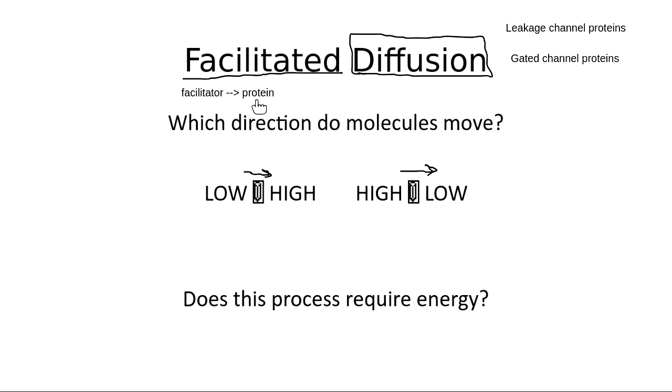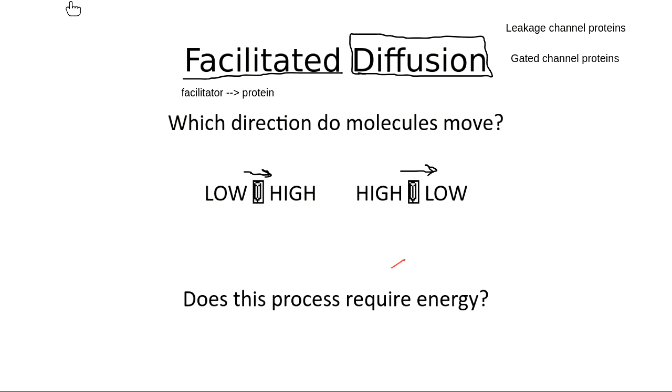So let's look at our questions together here. We're doing facilitated diffusion, meaning I'm still doing diffusion. When we talked about normal diffusion, which way were things moving? Were they moving from low concentration to high concentration, or high concentration to low concentration?